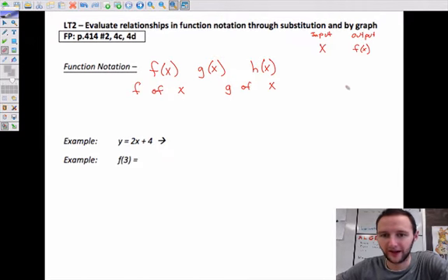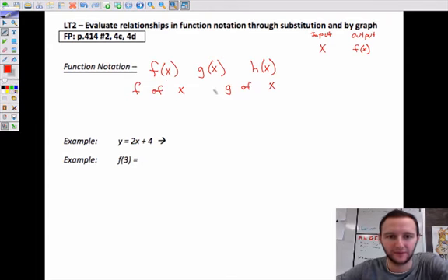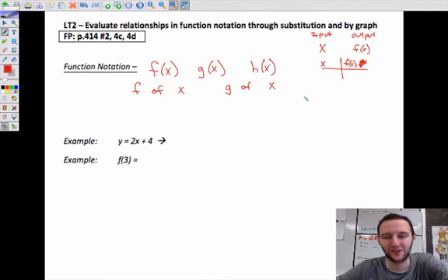You can think of f of x as basically the same as y. Before, we had an input of x and an output of y, and a lot of times we made xy tables. It's the same thing, except now we replace y with f of x. It's just a way of writing and saying something.